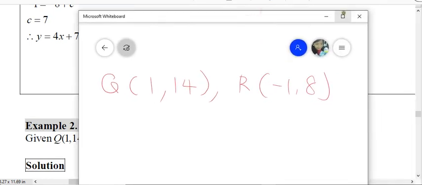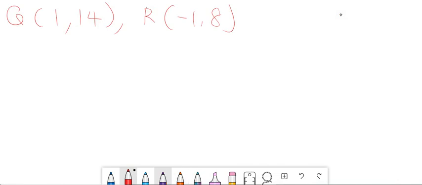So from there, highlight. This is your x1, y1, x2, y2. Okay, always remember your 4 steps here. First of all, you'll find your gradient.